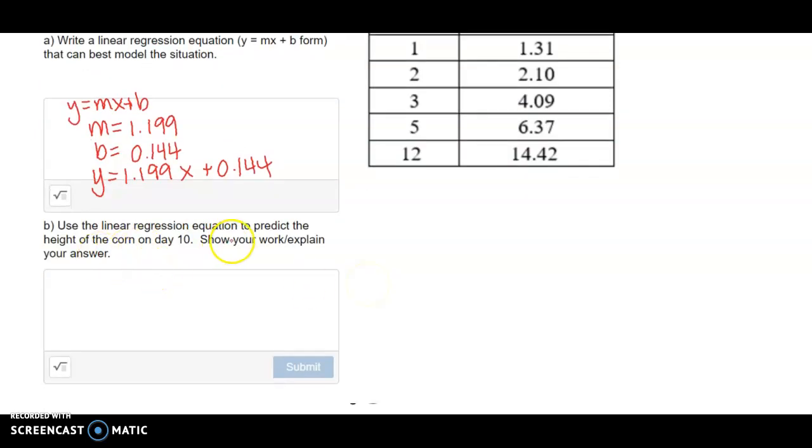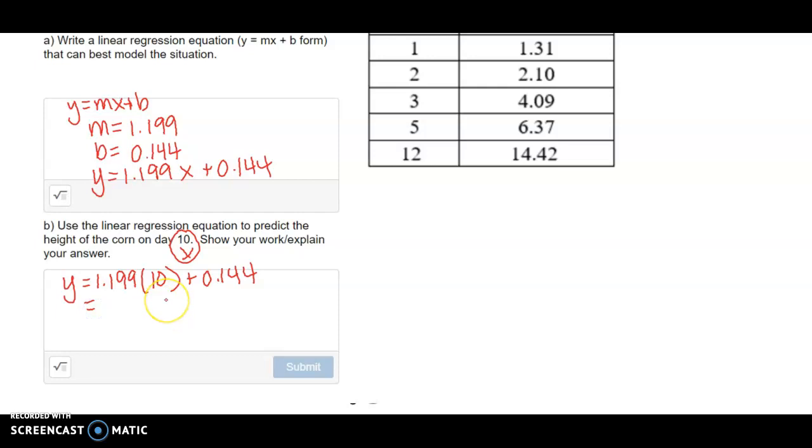Then it says use the regression equation to predict the height of the corn on day 10. So this is telling us our x value here is 10. So in our equation that we found up above, we're going to replace x with 10 and simplify.